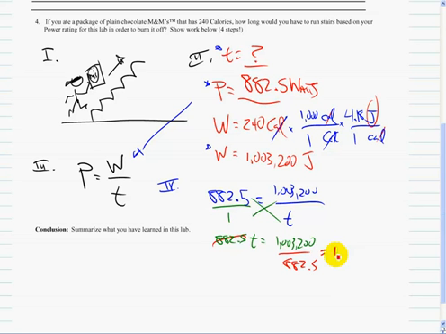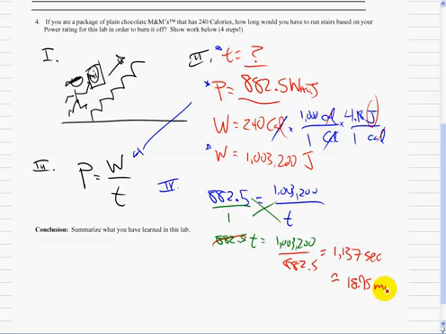And what are the units for time, guys? Seconds. That's a lot of seconds. Let's change that to minutes by dividing by 60. What do you get when you do that? 18.95, okay? We'll keep it.